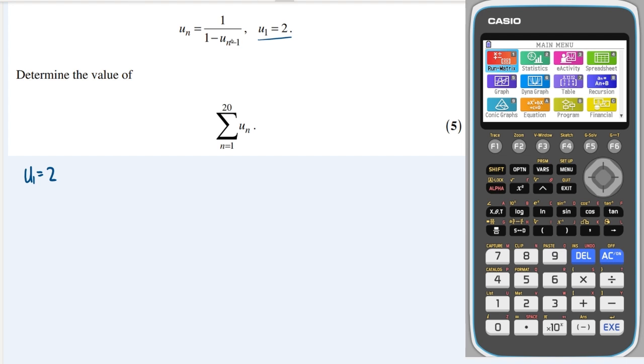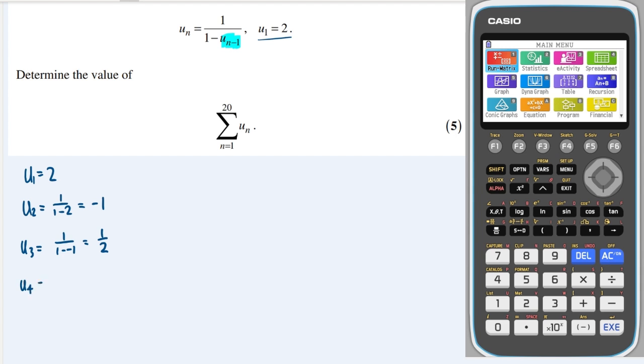then I sub 2 into this term here, which is the term before the one we're trying to work out. So u2 is equal to 1 over 1 minus 2, which is equal to minus 1. And then u3 is equal to 1 over 1 minus minus 1, which is equal to a half.